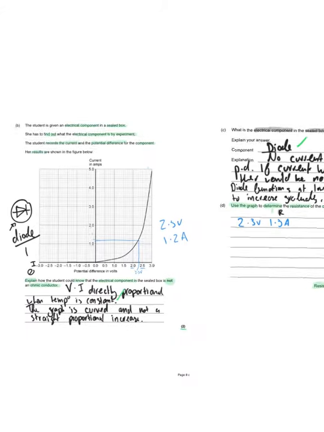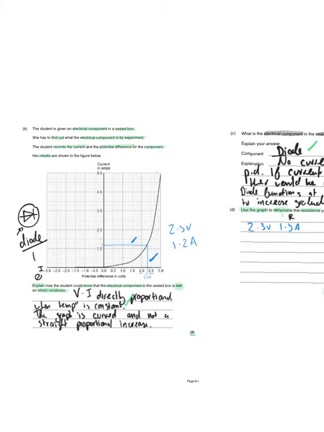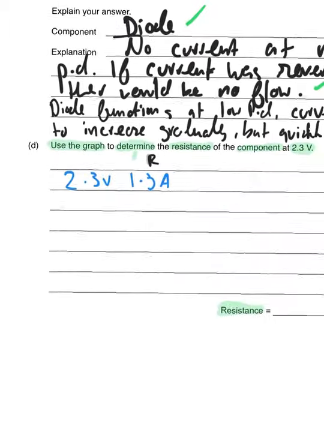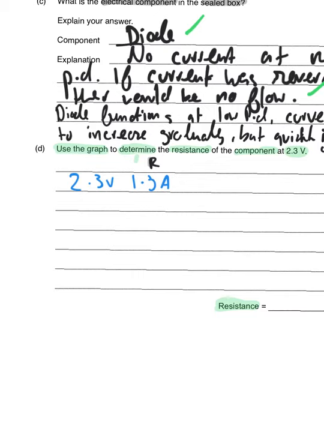I'm going to get marks for drawing these lines on, because that's how I've extrapolated these numbers, that's how I've got that data. I'm then going to get marks for using the lines, marks for getting the correct numbers, and then I'm going to get a mark for V equals I times R. I want to find the resistance, so I need R equals V over I. I've got another mark for working that out. So if R equals V over I, resistance equals potential difference divided by current.